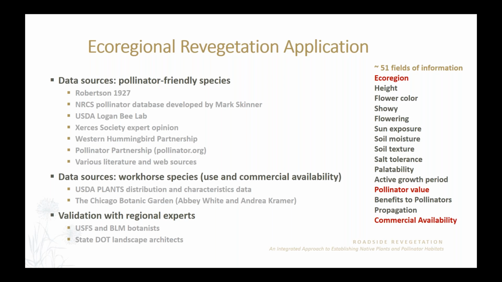Is this a host to many species? Is it a good nectar resource? Is it not? Things like that. And we also tried to tie it at least a little bit to commercial availability. So the idea is if you really want this plant species to support hummingbirds, can you find it in your region, in your ecoregion, et cetera? And that's where the data comes in from the Chicago Botanic Garden.